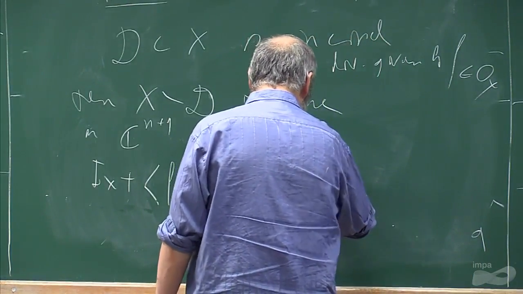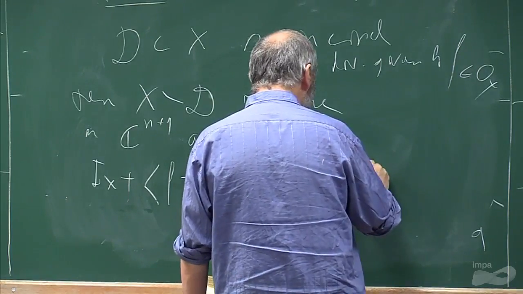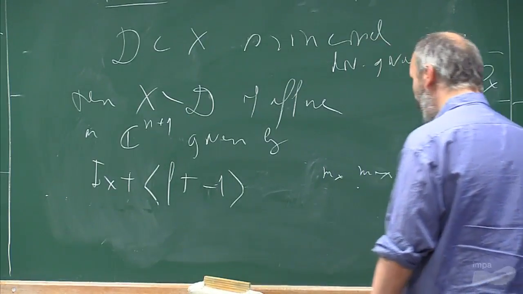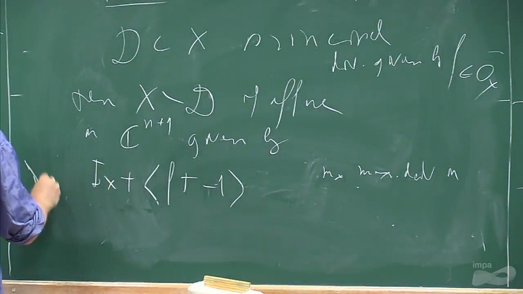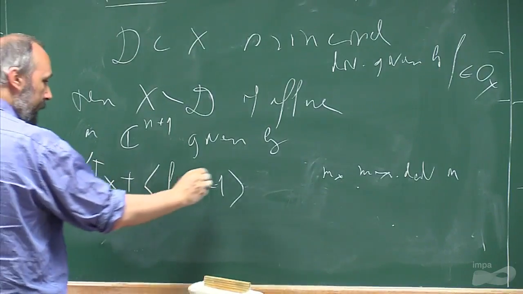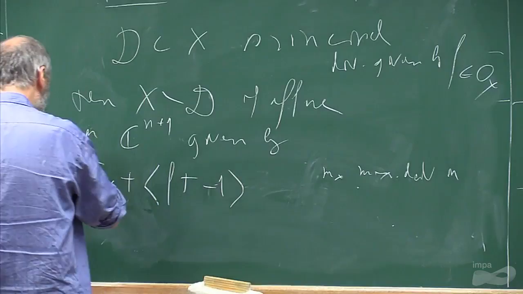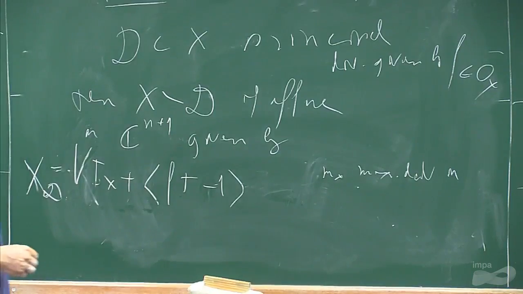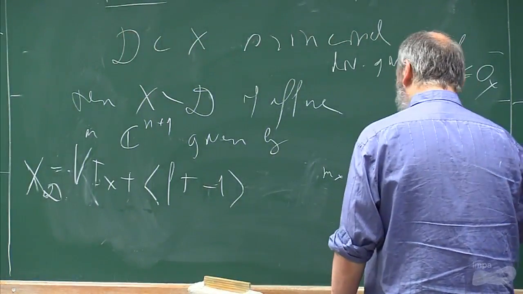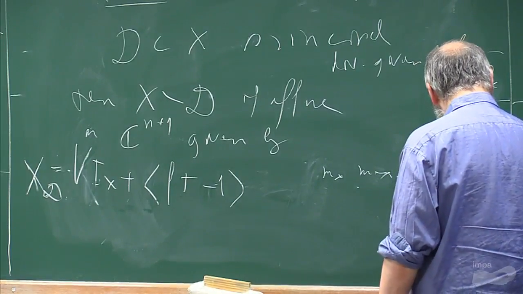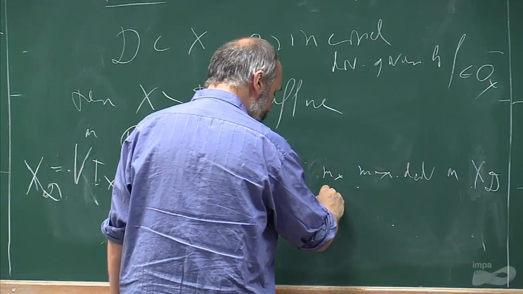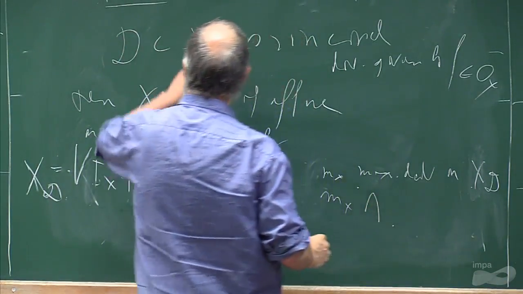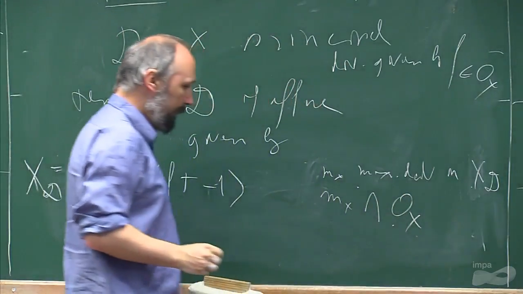So if you have a maximal ideal M in this variety X_D, defined by this ideal, the common zeros of this ideal, you can take its intersection M intersected with O_X.